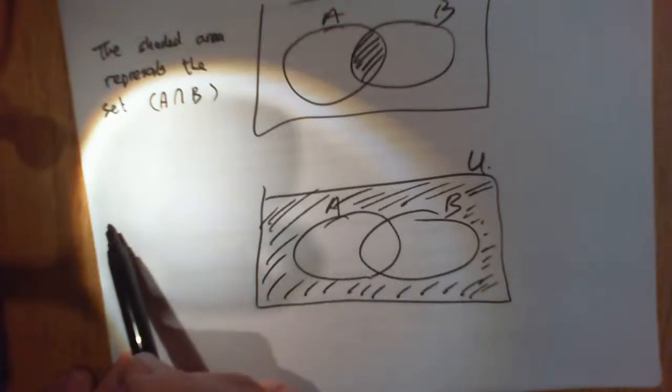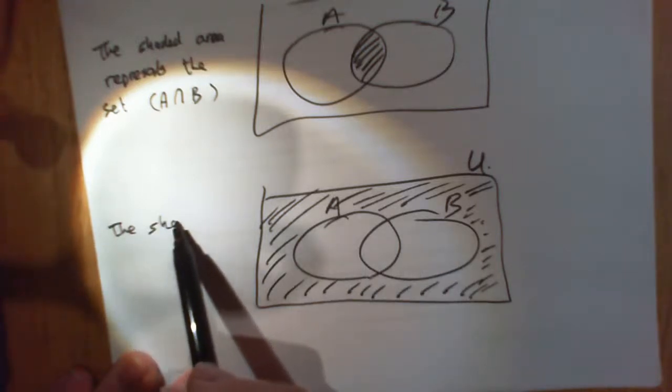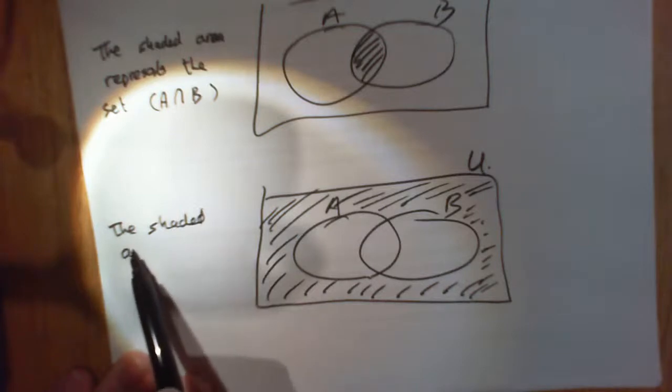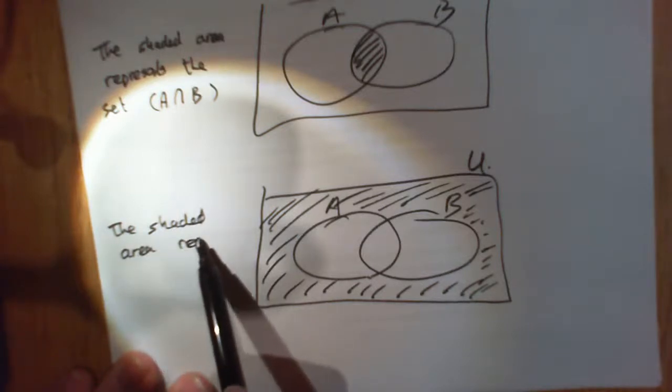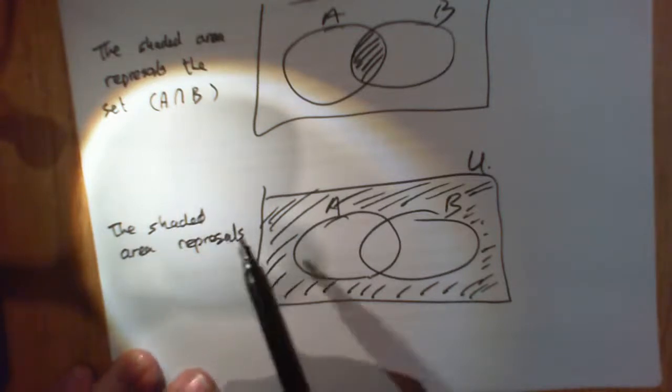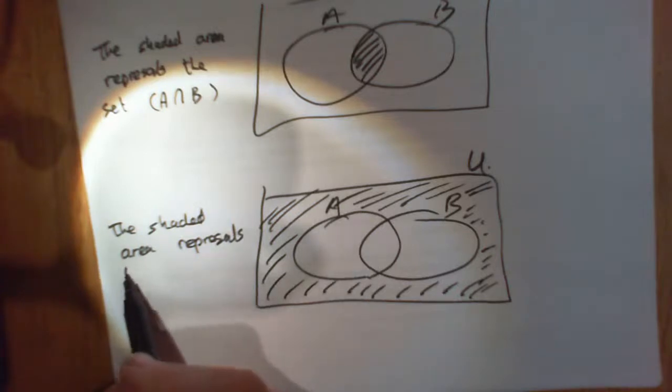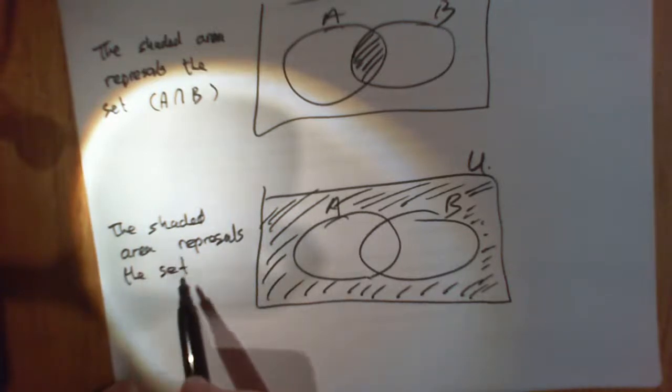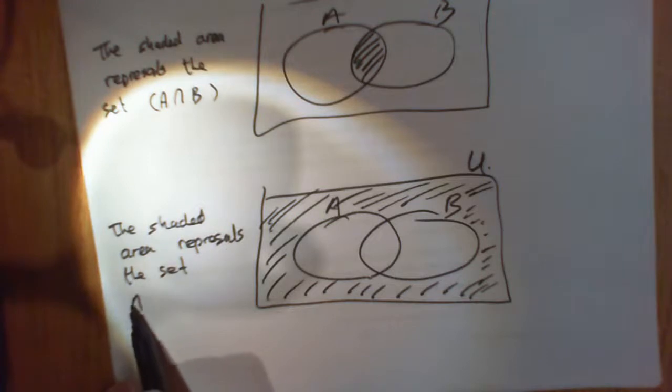There's your hint. So the shaded area represents the set A union B. What's not A union B?